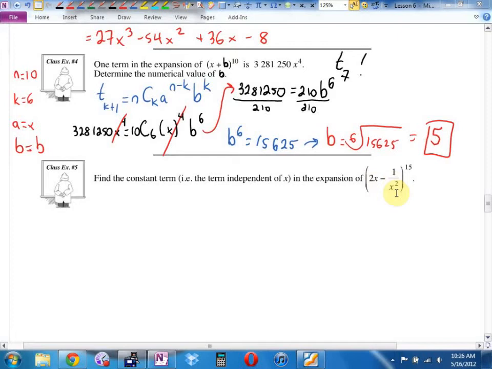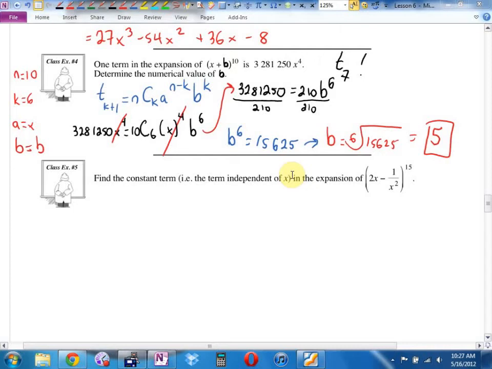Say yes. Do you know what we call that term? What this is saying is, hey, look, you got some x's on the top, you got some x's on the bottom. If you were to expand this, somewhere along the way, your x's would vanish. Find it. Okay, so that's the question.